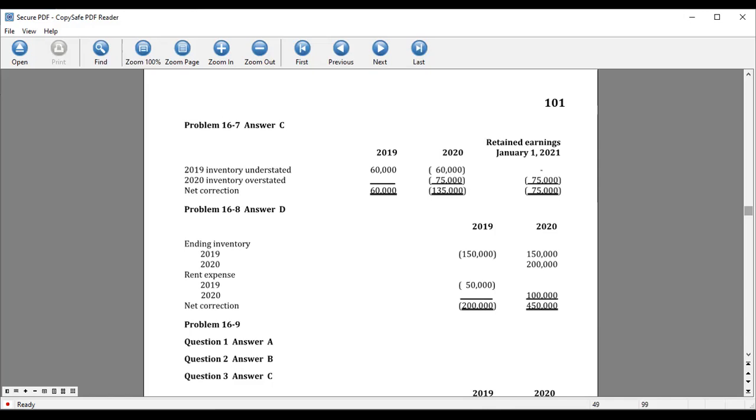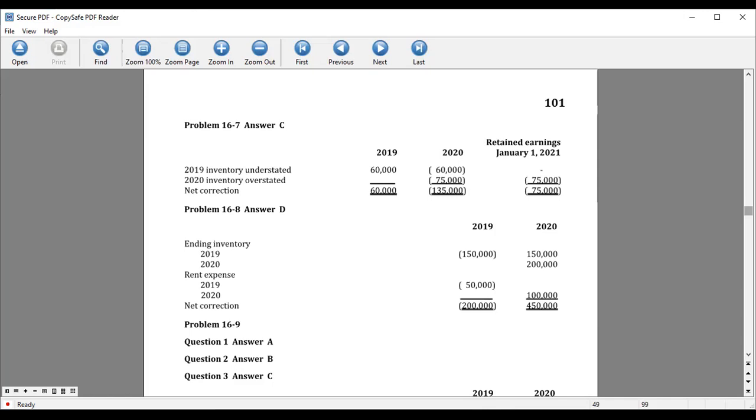So the ending inventory of 2019 is overstated. In 2020, it's an understatement. So for 16-8, for the ending inventory of 2019, we have to deduct 150,000.